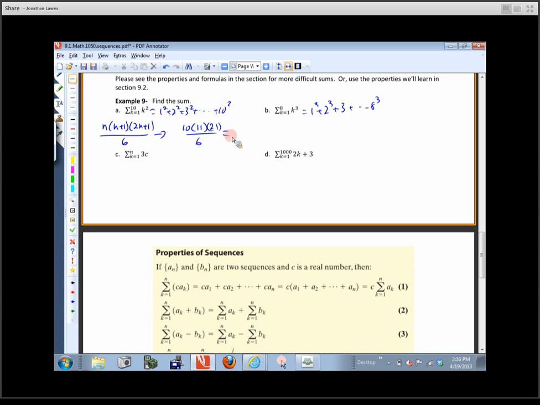I'll let you do the arithmetic on it. On this one, remember, it's n times n plus 1 over 2, and then we're going to take that whole thing and square it. So what's n on this problem? 8. So this is going to be 8 times 9 over 2, squared.